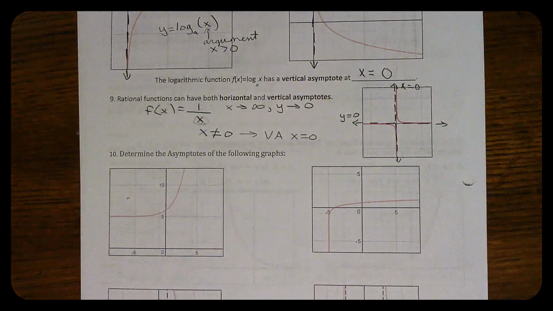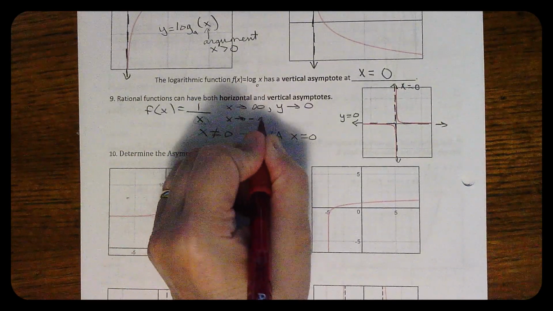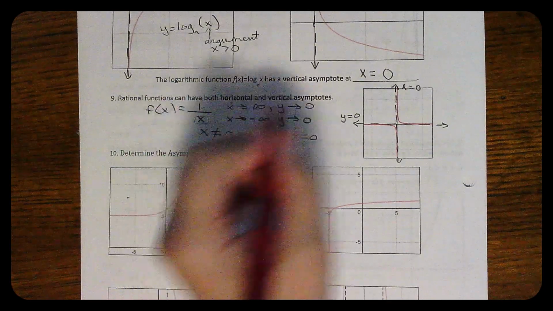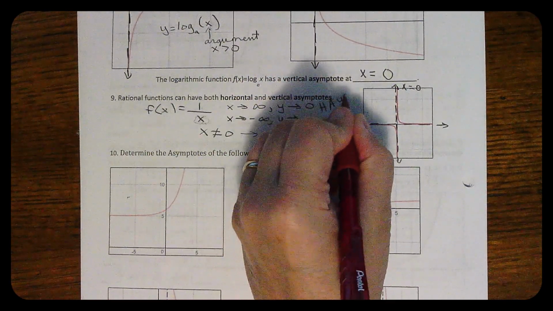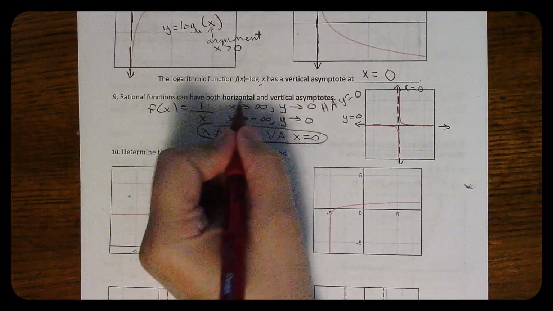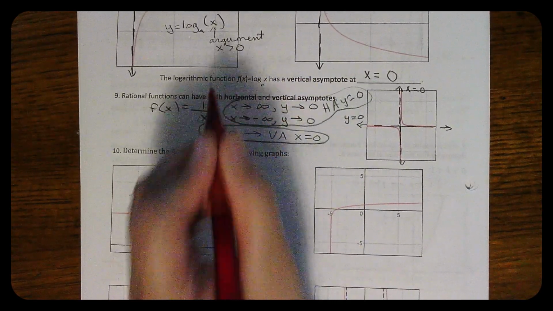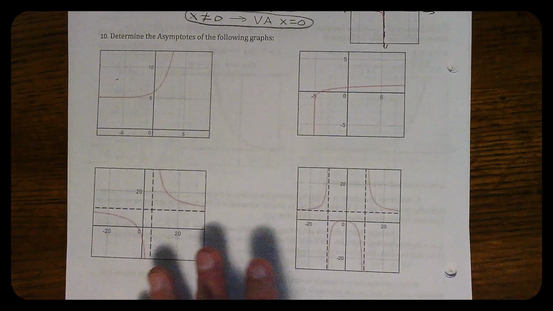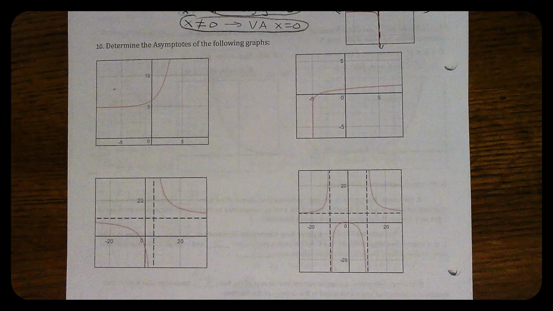Theoretically, it'll never get there. Same thing as x goes to negative infinity. This time, y also goes to 0. So the horizontal asymptote is talking about end behavior, and the vertical asymptote is talking about restrictions on x. So rational functions have both of those things happening. All right. You pause the video and try to write down the horizontal and vertical asymptotes if they exist.